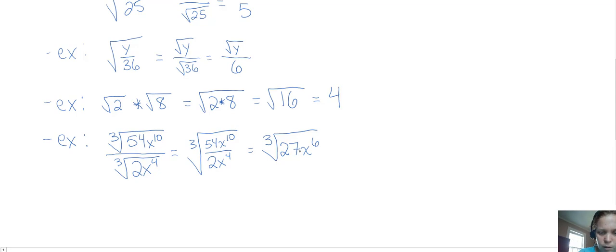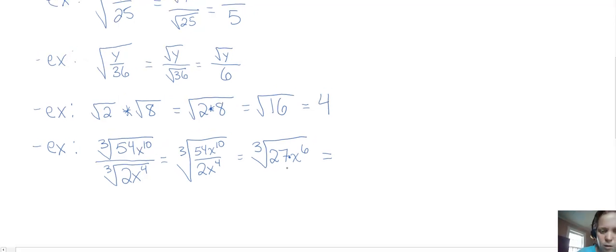Okay, now I'm looking at these separately. So I'm now using really the product rule, breaking these apart. I'm not going to rewrite it this time, and I'm just going to be using the product rule, thinking about first, what is the cube root of 27? Okay, and 27 is 3 cubed.